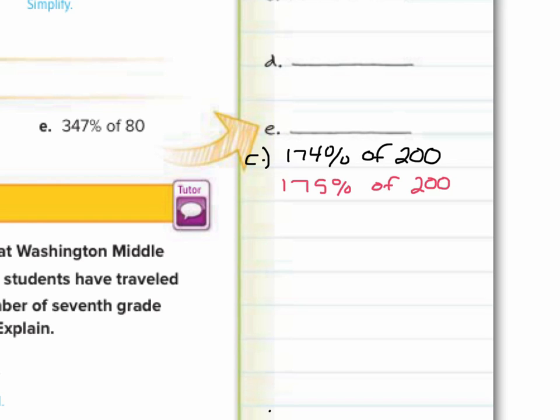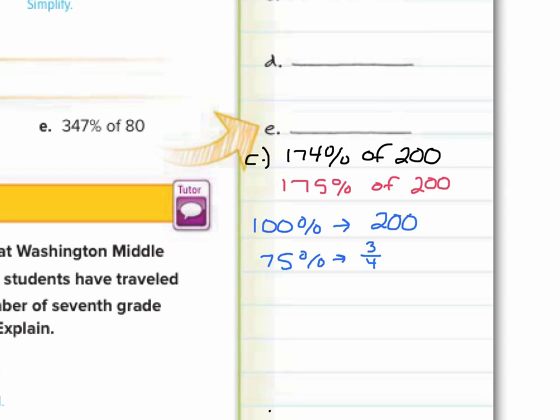And now for this 175%, let's break it into 100% and 75%. Well, for our 100%, 100% of 200 is simply 200. Now for our 75%, 75% as a fraction is 3/4.